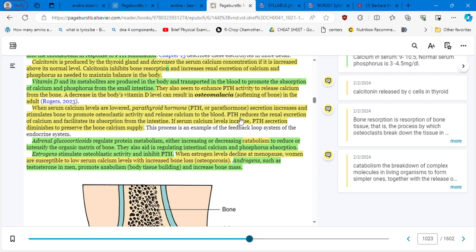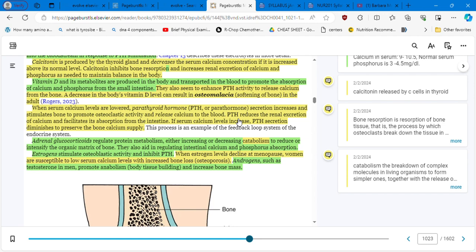PTH reduces the renal excretion of calcium and facilitates its absorption from the intestine. So if I have low calcium in the serum, the PTH tells the bone to release calcium.